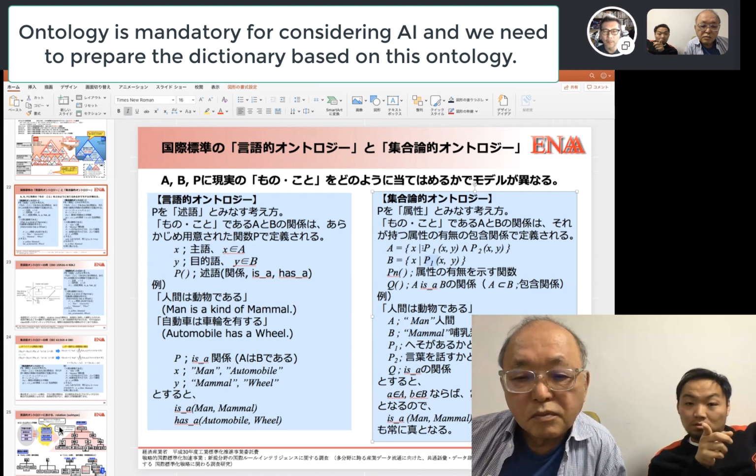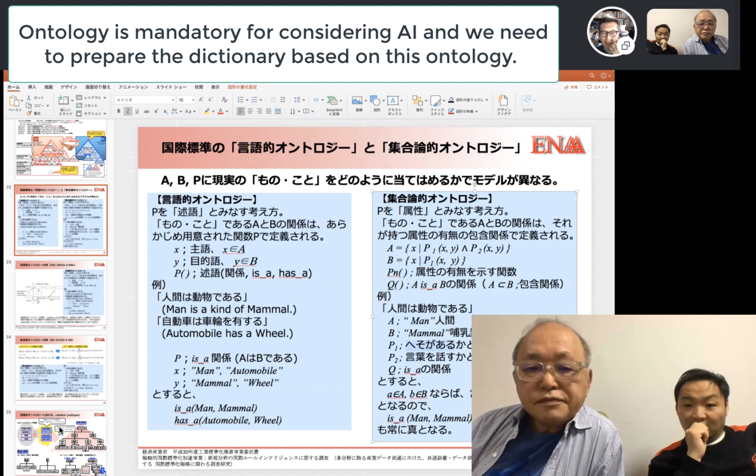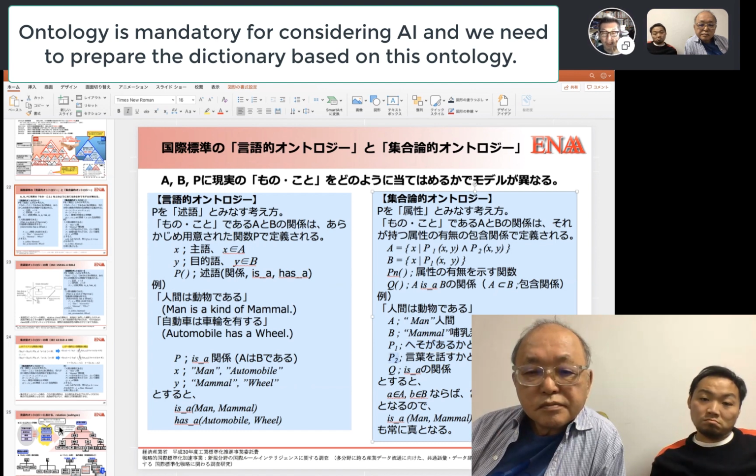So A is man and B is mammal, and P1 is a relationship about something having a belly button. Another function, P2, is about the ability to speak languages.